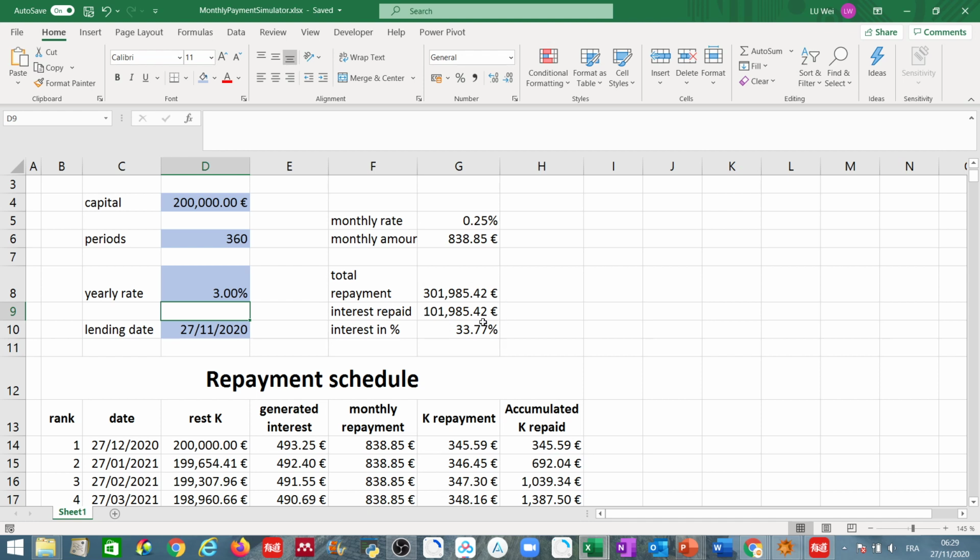And in the total repayment, about 33 or 34% is the interest we have paid, because we have extended the total period to 30 years, and much interest has been generated during this period. Even if the yearly rate is 3%, over all these 30 years, the total interest is about 34% of the capital.